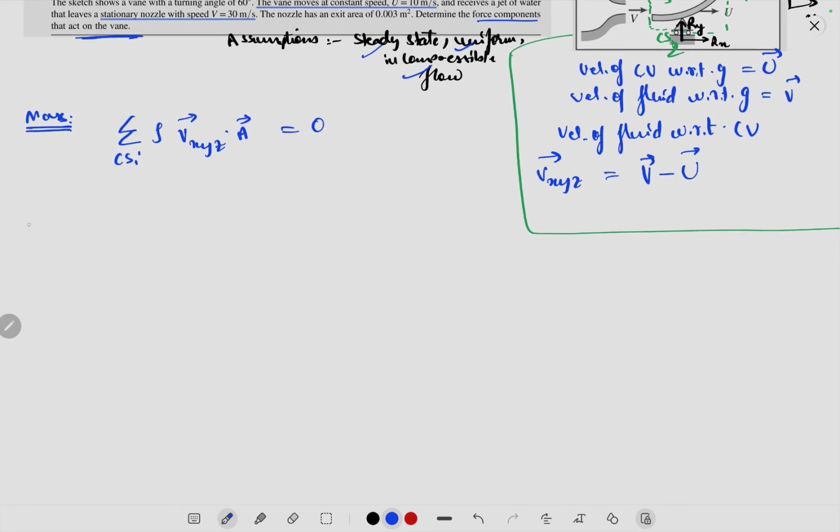And for linear momentum, considering steady state and these three assumptions, the summation of external forces equals summation over CSi of Vxyz rho Vxyz dot A vector.